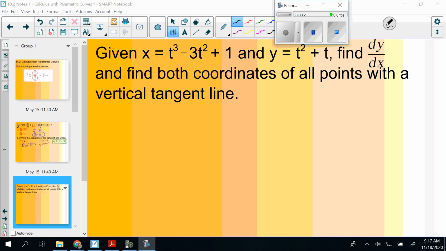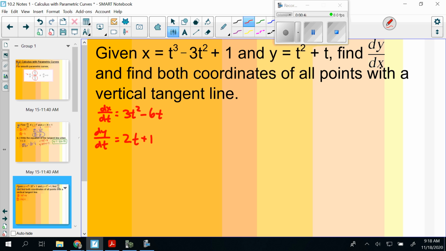So we want to find the derivative of both those two functions. dx/dt here is going to end up being 3t squared minus 6t, and the derivative of 1 is just 0. Our dy/dt is going to end up being 2t plus 1.